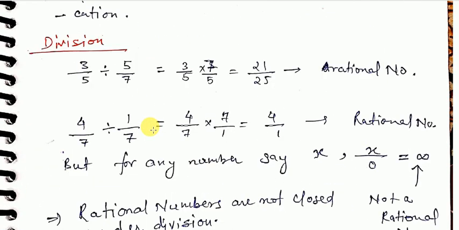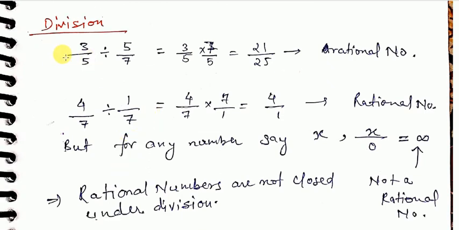So let's check for division operation. Here I have taken two examples, 3 by 5 divided by 5 by 7 and 3 by 5. We know we can convert the division sign to a multiplication sign and take the reciprocal, swapping the numerator and denominator. So its result is 21 upon 25, which is a rational number.